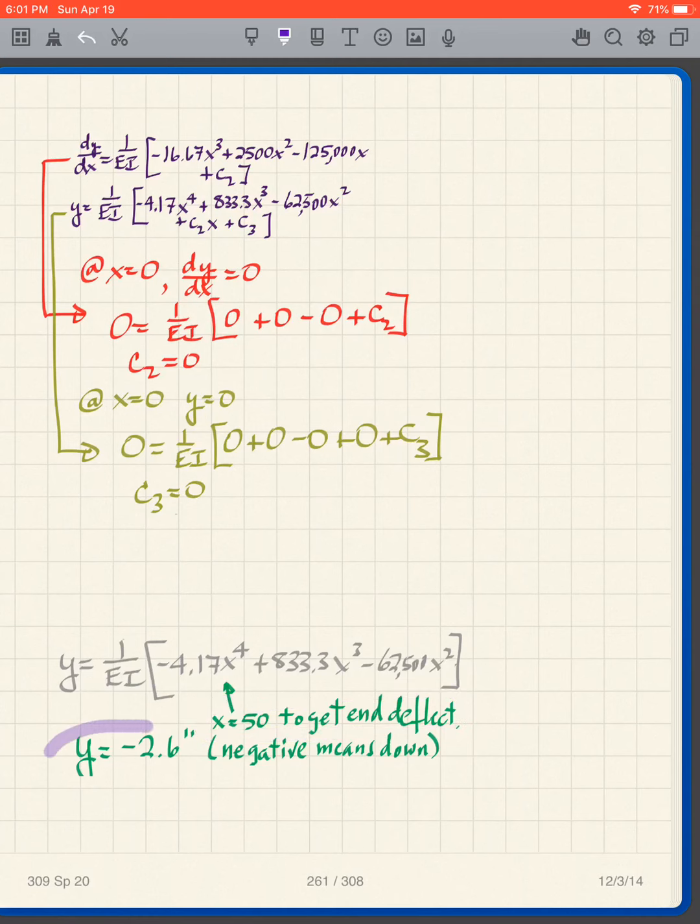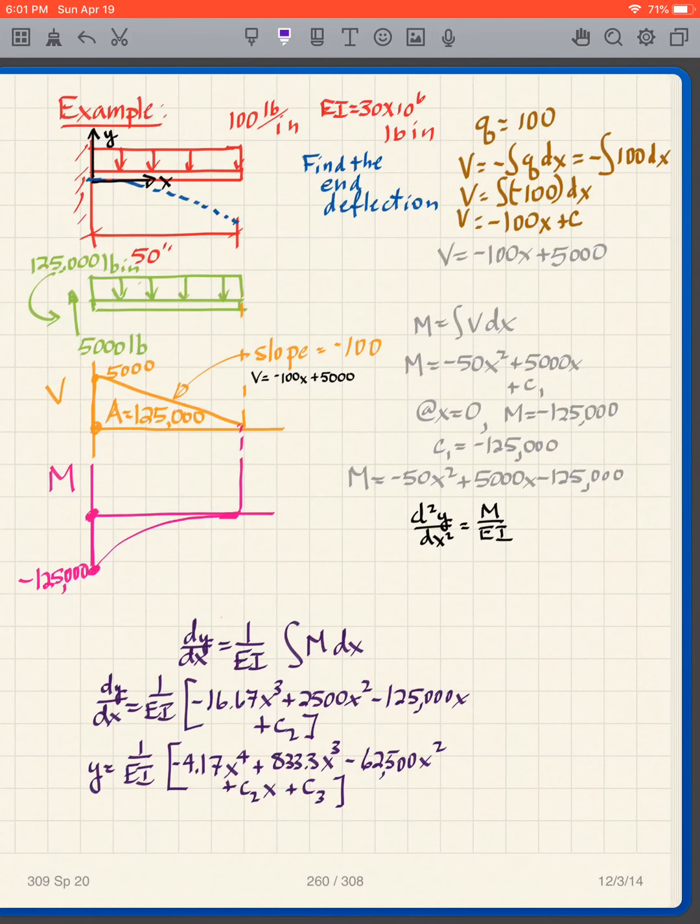I plug it in, I get y is equal to negative 2.6 inches, and what does the negative mean? The negative means that it's down, which makes sense because we expect that. We know that this is going like this, and we are in the negative y direction. So y is going to be negative there.